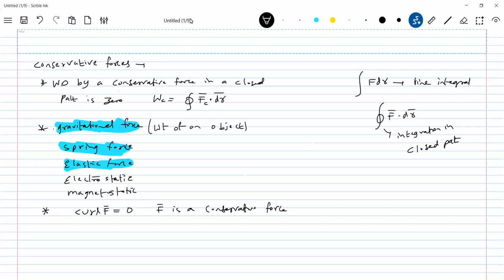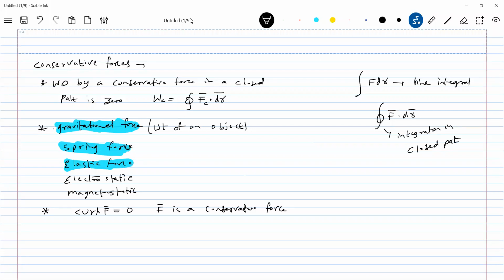Just as we have a dot product and cross product, the curl is also a mathematical operator, which is introduced to perform many operations, of which we are using it to show that the given force is conservative.